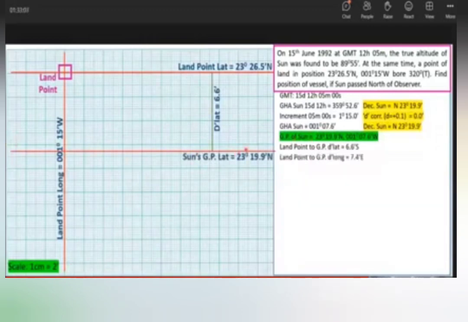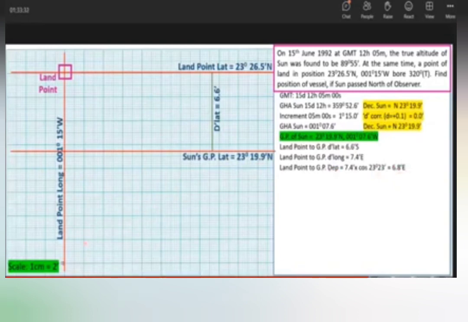Now we find out the D long from the point on land, this meridian, to the meridian of the GP, and the D long is 7.4 minutes east. That means the meridian of the GP would be on this side. But to space them out, we'll need the departure. So using the latitude, we get departure as 6.8 minutes.